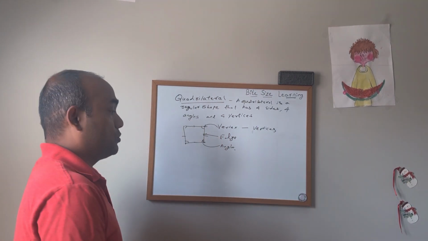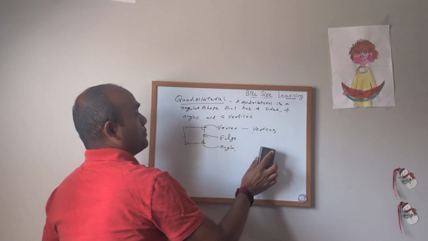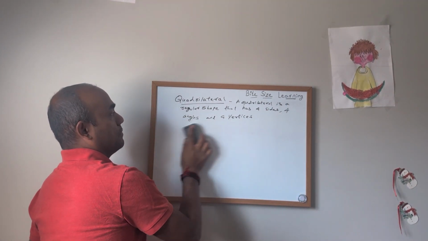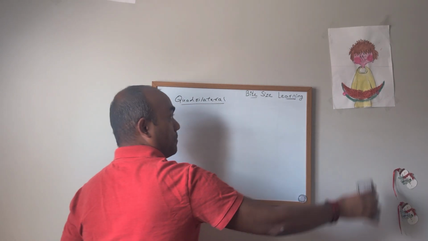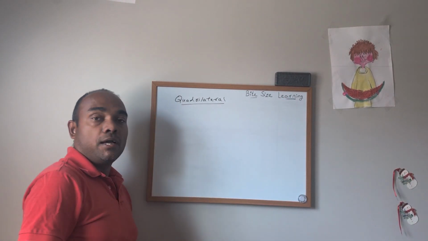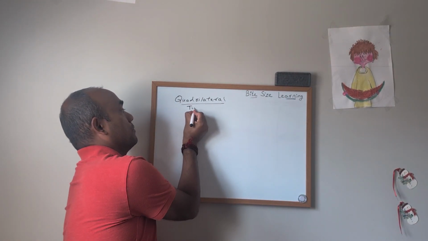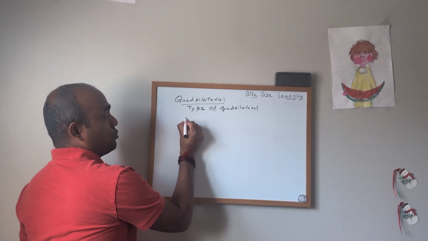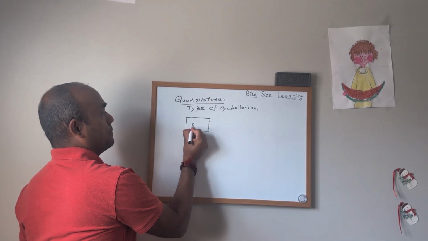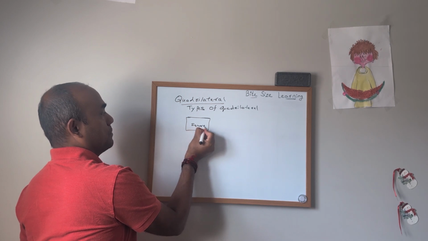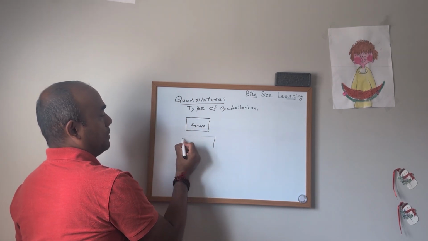Now let's talk about the types of quadrilateral. So the most common ones are square and rectangle.